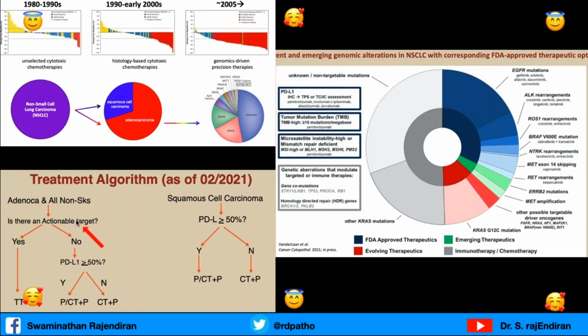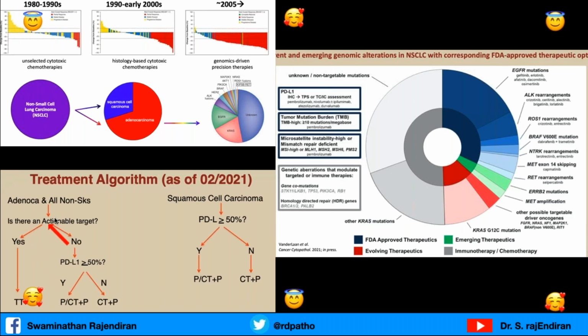Possible treatment: surgery and medical oncological treatment. In medical oncology, traditional chemotherapy or targeted therapy or immune modulators. So these are the three possibilities: targeted therapy, traditional chemotherapy, and immune modulators. Pembrolizumab is the immune modulator, this P.